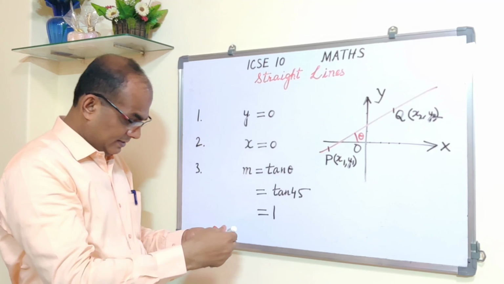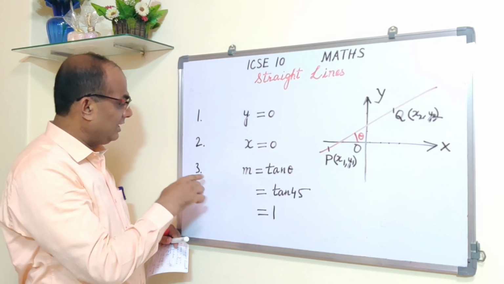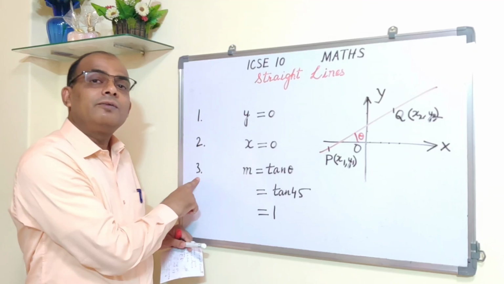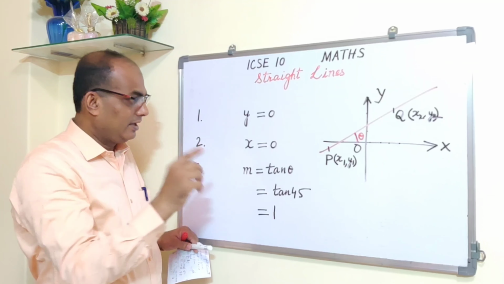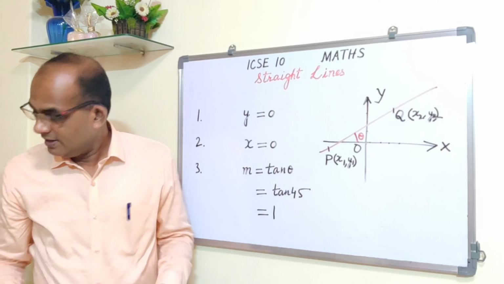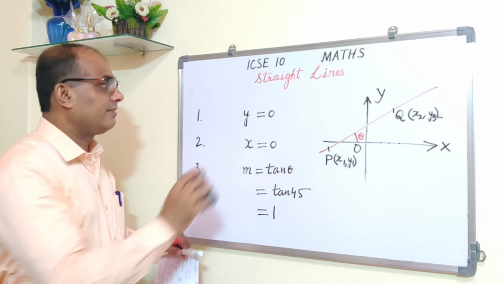In this situation, we will be using this formula. I'm calling this number 3 only. Under this third point, I am giving you 3 formulas. One is m is equal to tan theta, and the second one is this.